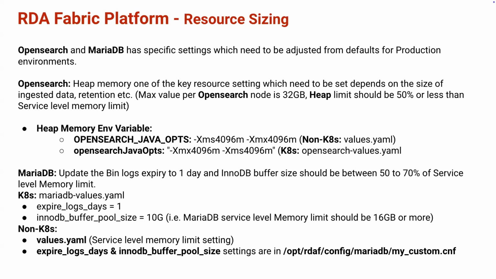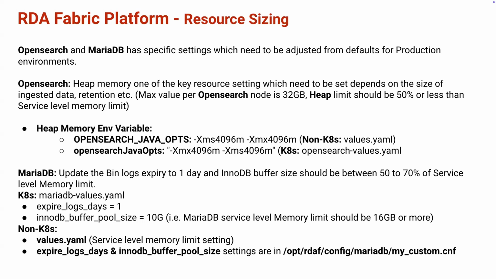The other MariaDB memory setting is the DB buffer pool size. It comes with 2 GB by default, and it needs to be sized appropriately to make sure MariaDB can perform well and provide query responses much more efficiently.